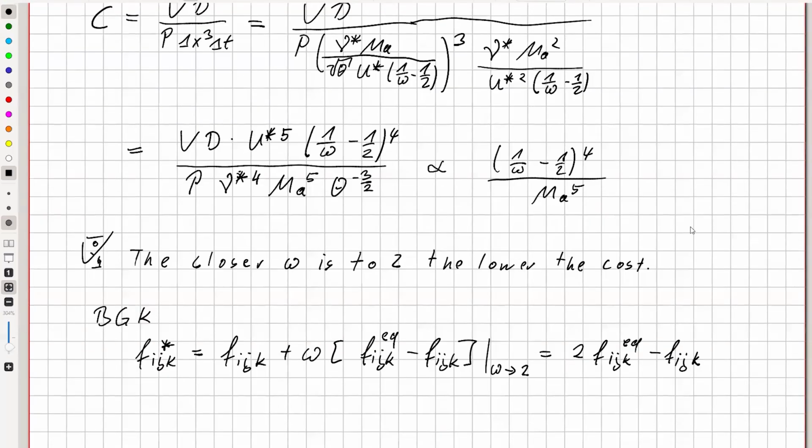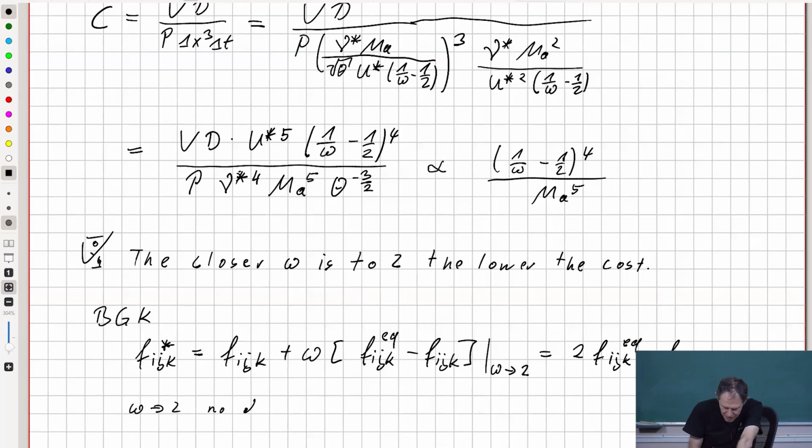You see, this is now completely symmetric. You can just put 2 times the equilibrium on the other side, and then you can run the same thing backward. So omega equal to 2 is the no-dissipation limit that we cannot reach.